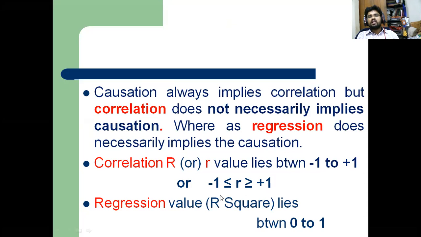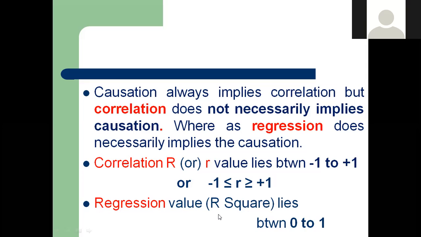Whereas regression we can indicate with the R square value, because when you are estimating the regression we put the R square value. The R square value lies between 0 to 1, but it cannot be more than 1 and not less than 0. R square value can never be negative.